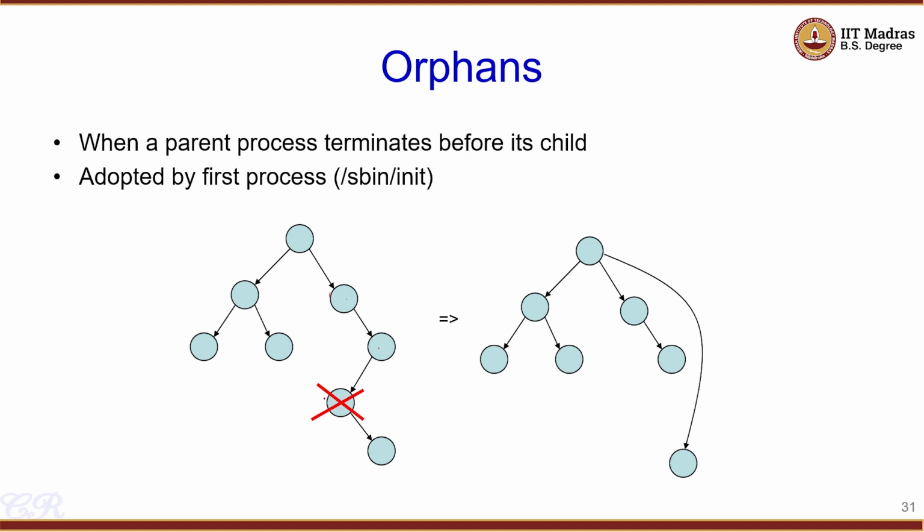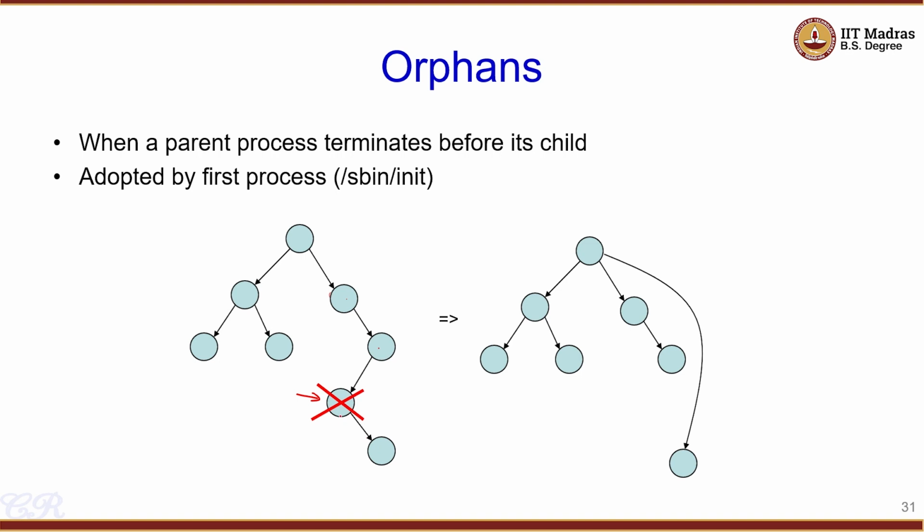This may be voluntary, where the parent terminates without waiting for the child to complete, or involuntary, for example, the parent gets a kill signal and is forced to terminate. In such a case, the child process is left without a parent, and such a child process is called an orphan.